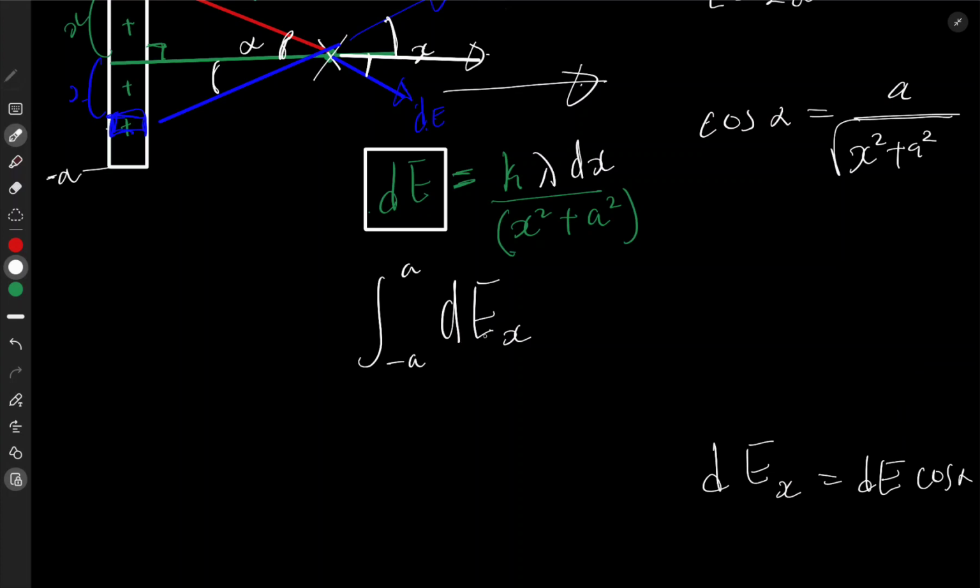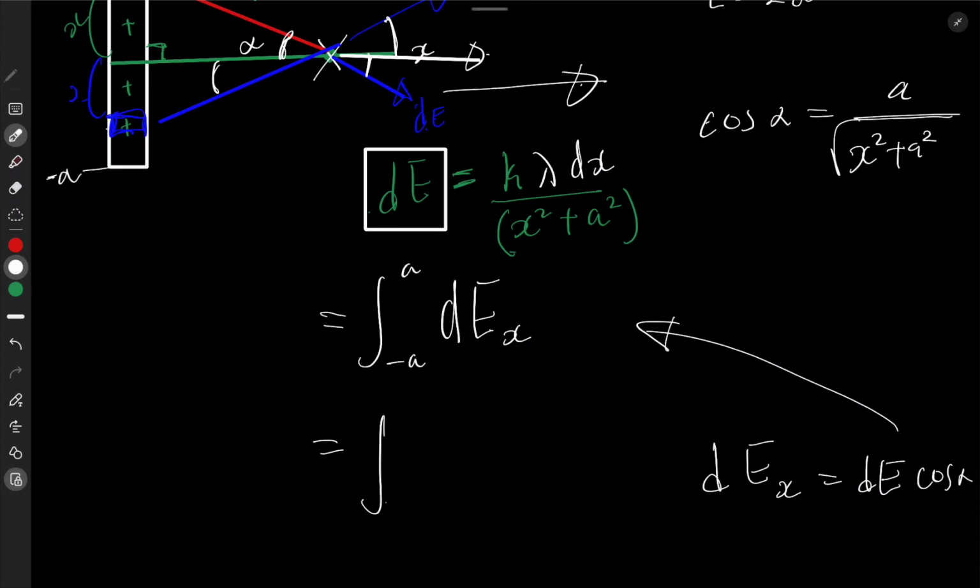And now we have dE here, but we have dEx here, but we only have an expression for dE. So we're just going to apply this and put it back here. Hope you know how I worked this out, and you can scroll back to the video and try to figure it out.